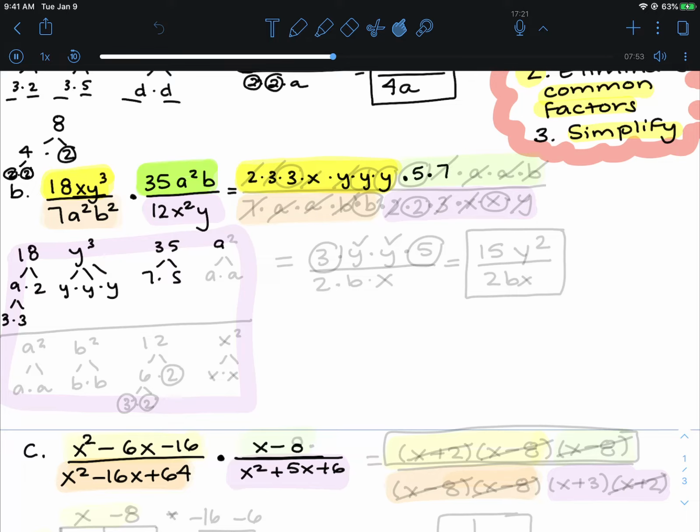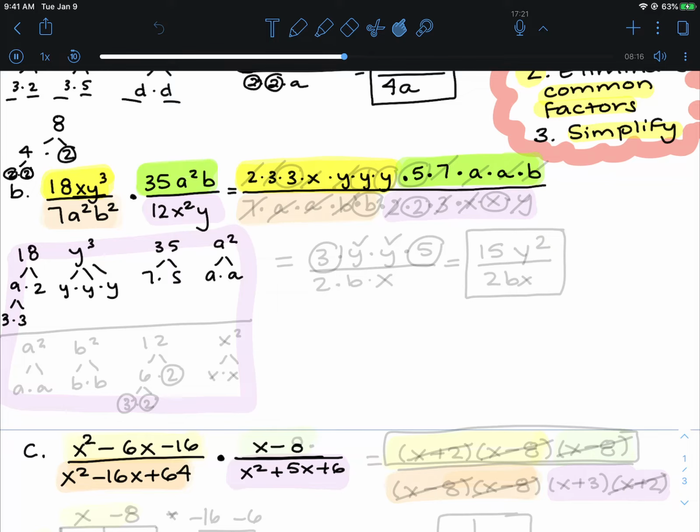The a squared can be simplified because it has a power of 2, so that's going to be a times a. So multiply that times a, and then the b is already in its simplest form because it just has a power of 1. So then that right there is going to be the exact same expression as what we have right here on the right side. Okay, so that's my numerator.